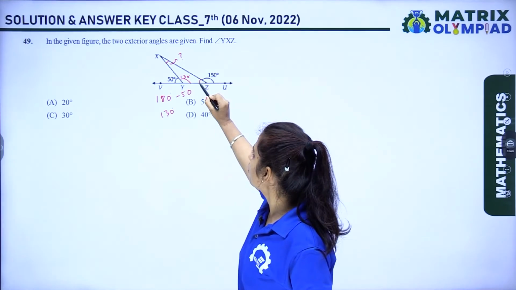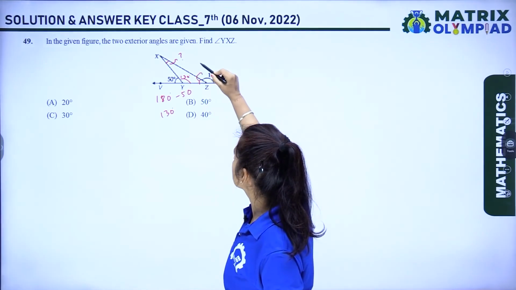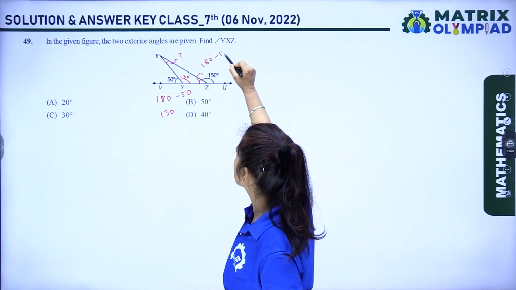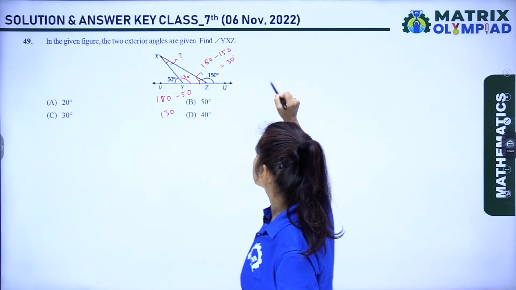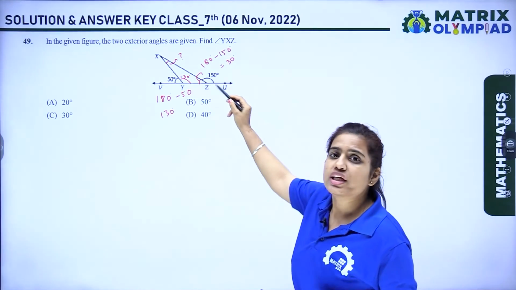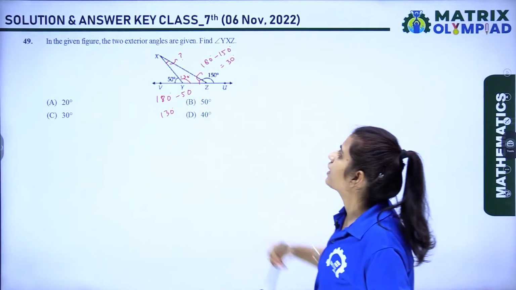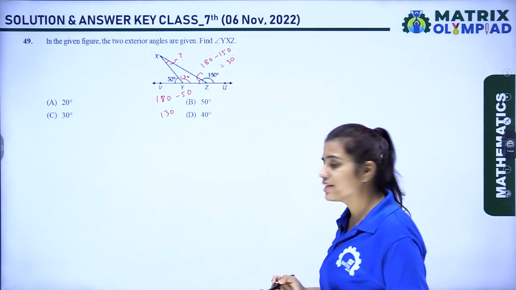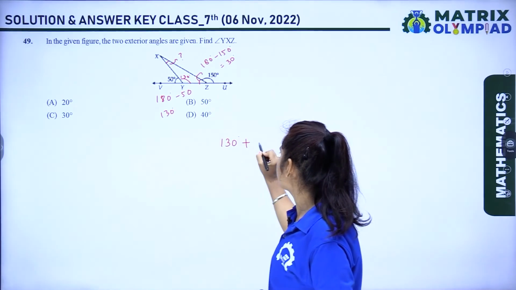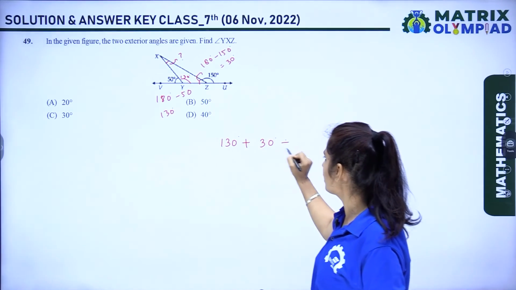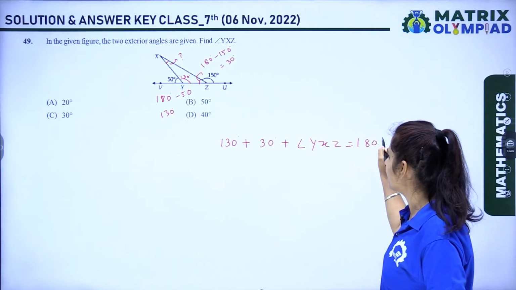And in the same way, we can find out the interior angle Z also, that is 180 degree minus 150 degree, which is equal to 30 degree. Now, using angle sum property, we can find out the third angle, that is angle YXZ. So here, using angle sum property, we will get 130 degree plus 30 degree plus angle YXZ is equal to 180 degree.